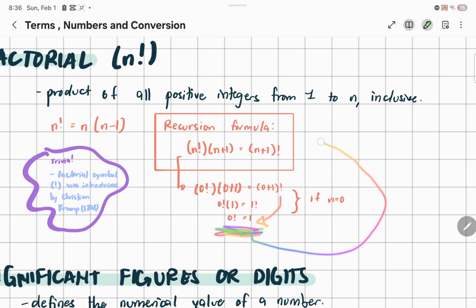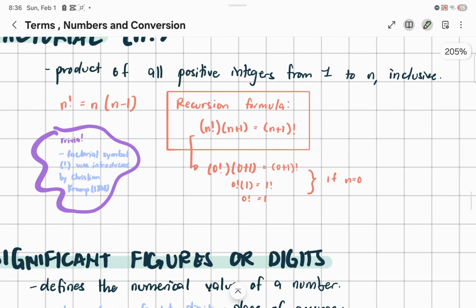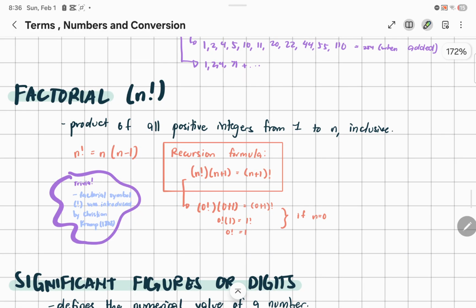Therefore, n factorial is the product of all positive integers from 1 to n. Just a trivia: the factorial symbol, the exclamation point, was introduced by Christian Kramp in 1808. For example, 5 factorial is 5 times 4 times 3 times 2 times 1.